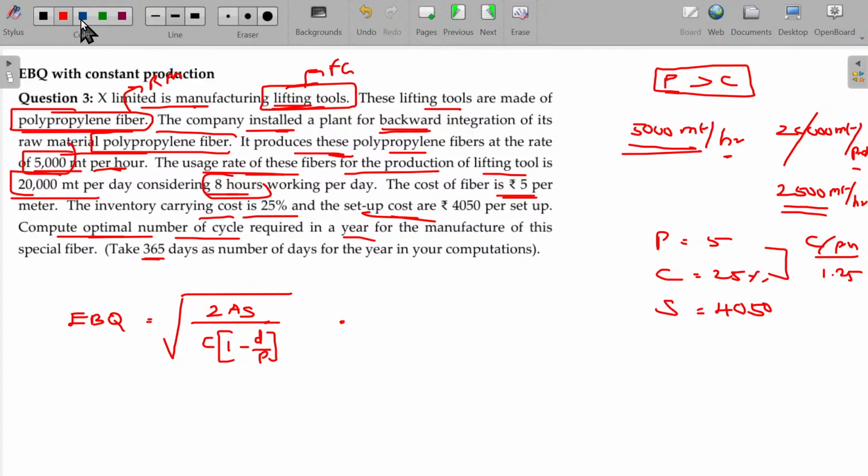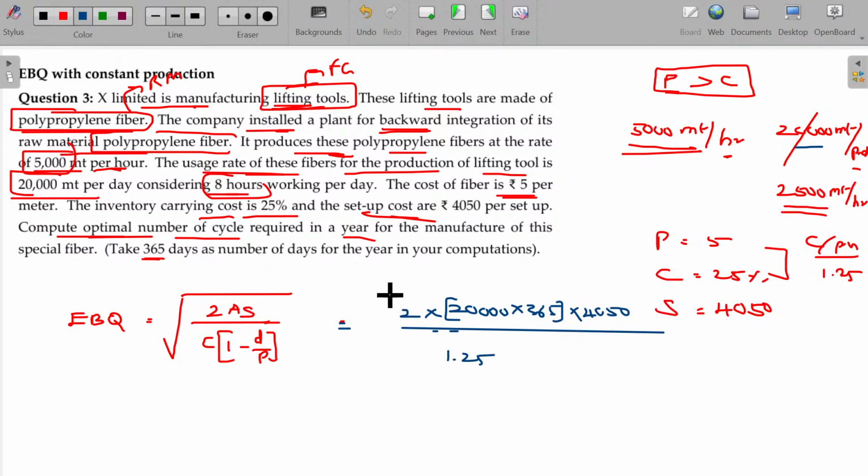Now I am applying the formula here. 2 into annual consumption. What is the consumption here? 20,000 metric ton per day multiplied with 365 days for the annual consumption, into setup cost being 4050, divided by carrying cost being 1 rupee 25 paise. This is the normal EBQ model.